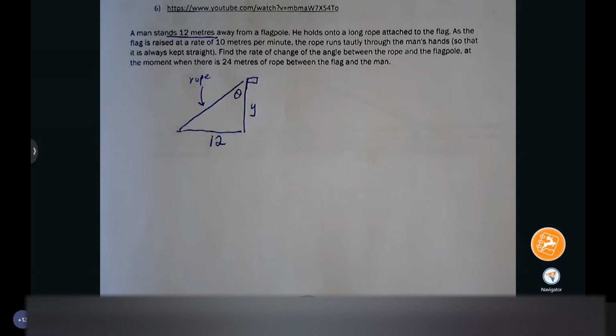Identify values for variables. Okay, we should be using tangent, right?